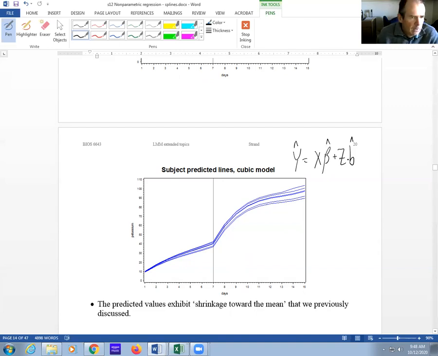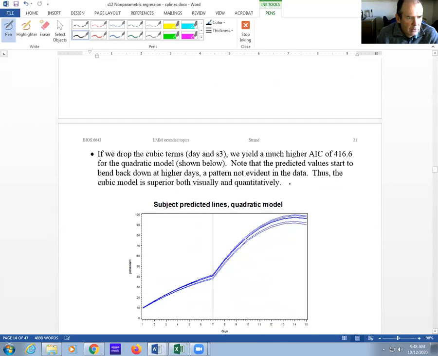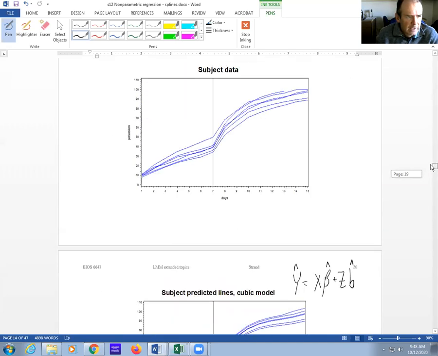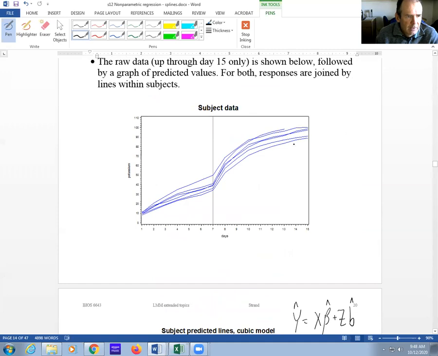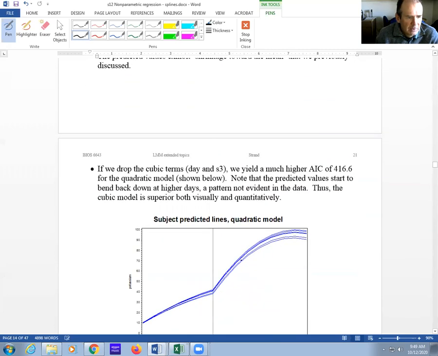Okay, so here's the cubic model. Now, if we do the quadratic model, here's what we get. And what's interesting is this model has a worse fit, even though if we look at the actual data, it seemed like maybe quadratic would be okay here. But what seems to be happening, and this happens a lot, is that it's more constrained.